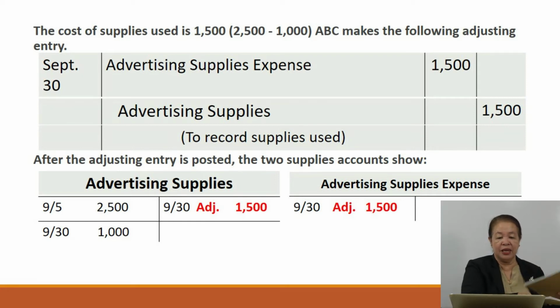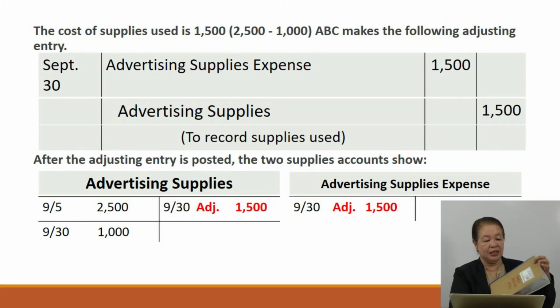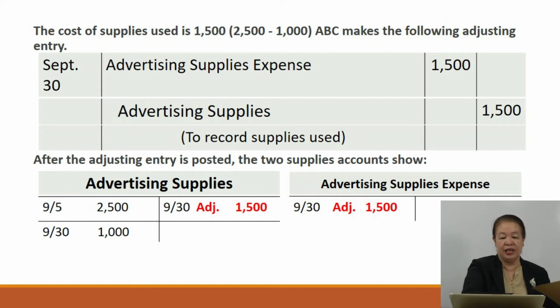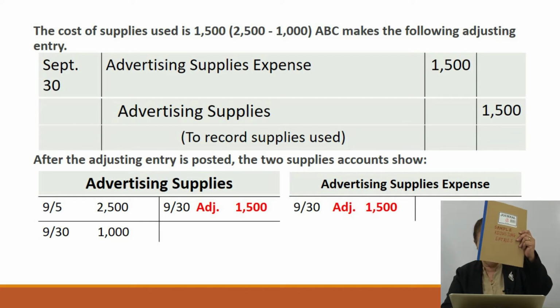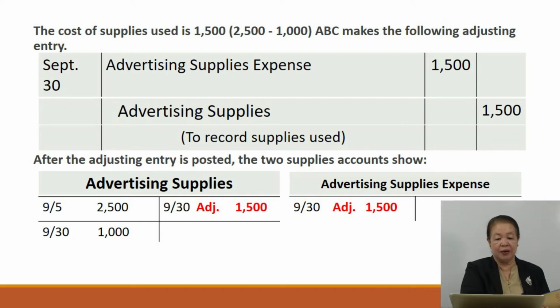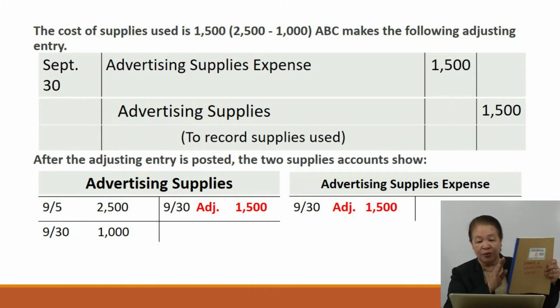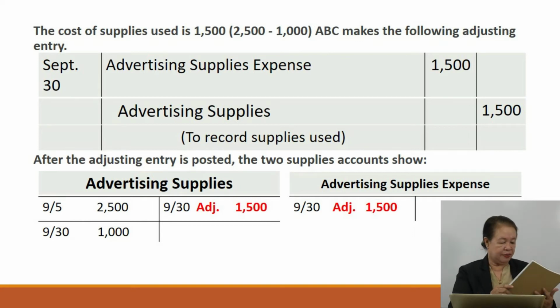Yung sa journal naman, anong mangyayari sa kanya? Advertising supplies expense, credit advertising supplies to record supplies used. So doon naman yan siya i-record sa journal, no? Kasi ano ba sabi natin, yung journal entries natin sa journal i-record, yun namang mga account balances dito sa ledger, ipopost natin. So, hindi tayo magpo-post sa ledger kung wala muna dito sa journal.